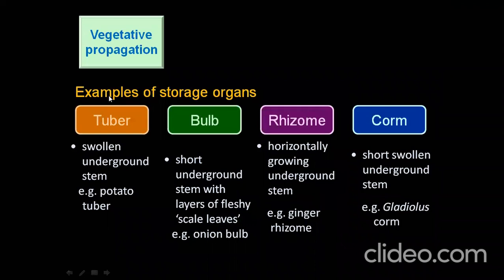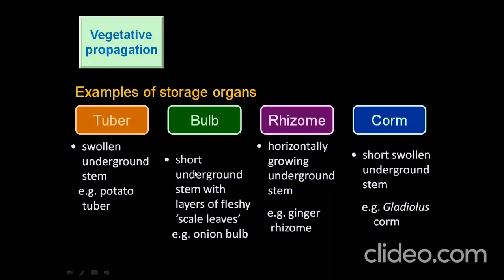You can see here examples of storage organs. Tuber, the swollen underground stem of potato. For example, we have potato. From the tuber of potato, new plants are developing.